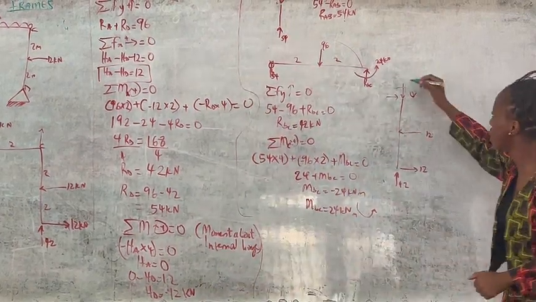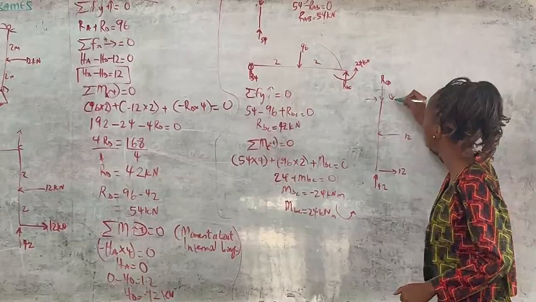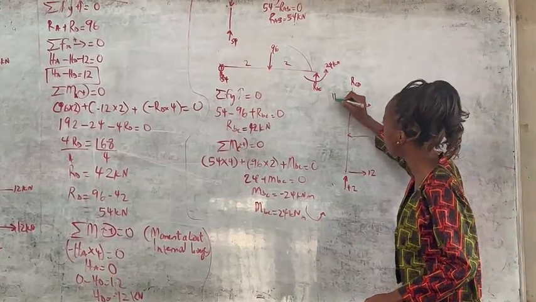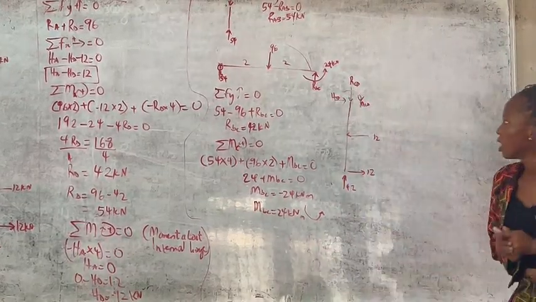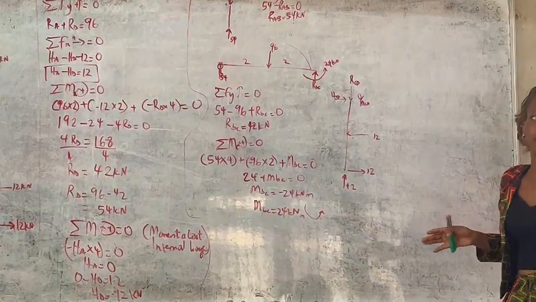Now, from here, this is RCD, MCD, and HCD. From here, we already know that HCD is 0.